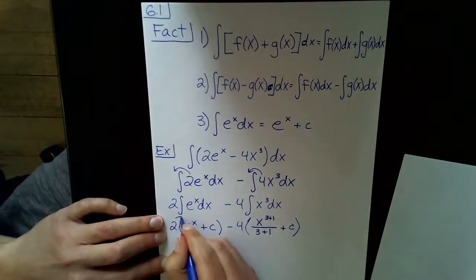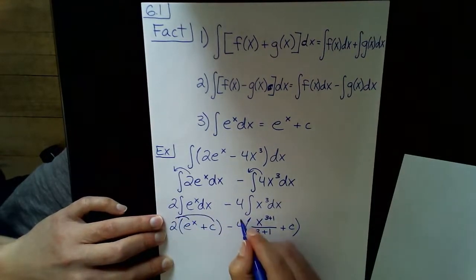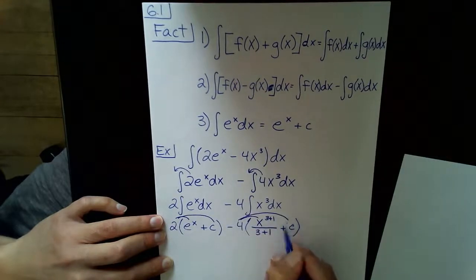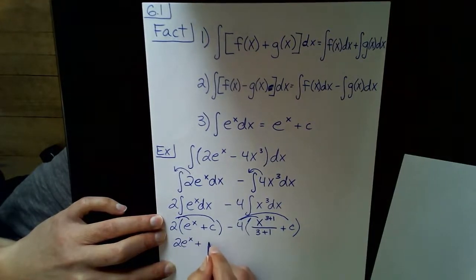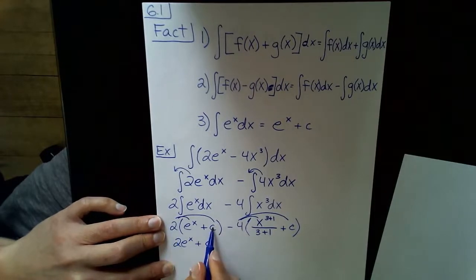So by distributing the 2 and the negative 4, we end up getting 2e to the x plus c. Again, remember the 2 doesn't need to be distributed to the c.